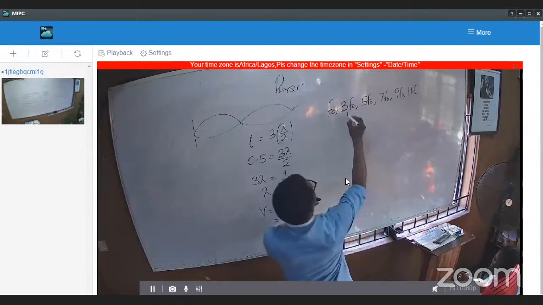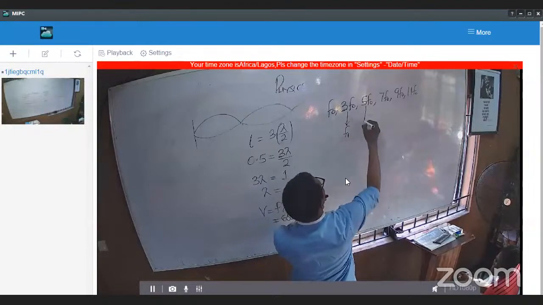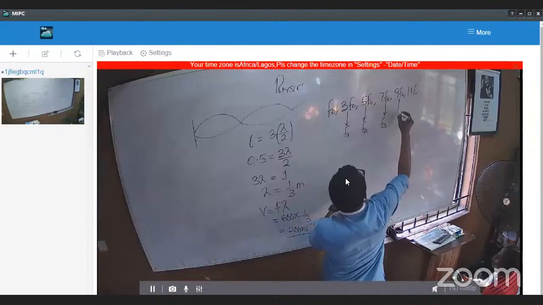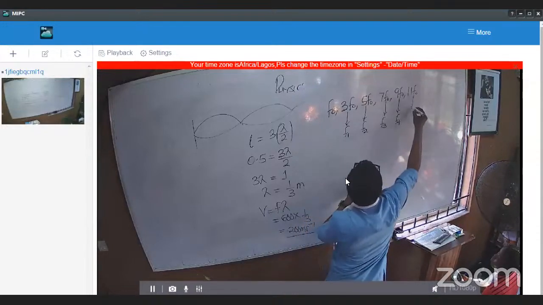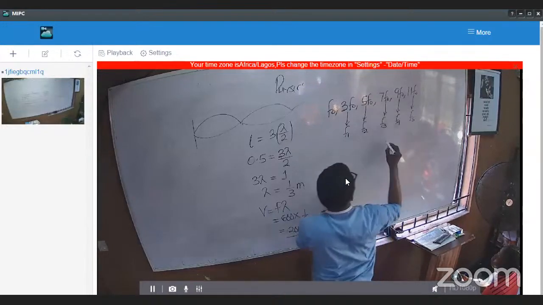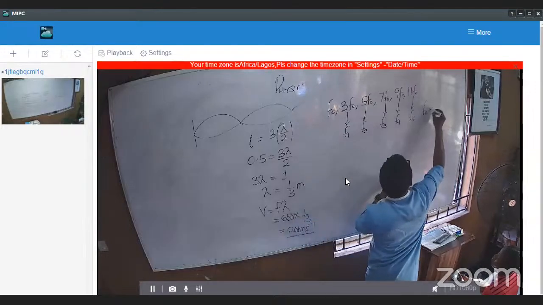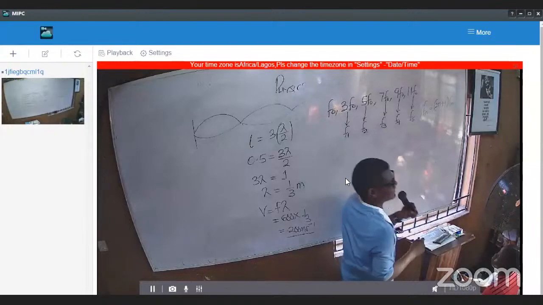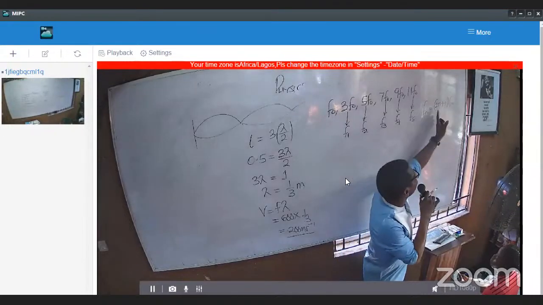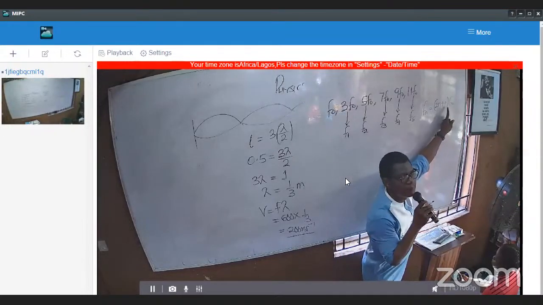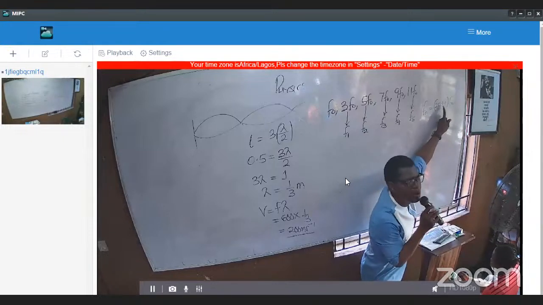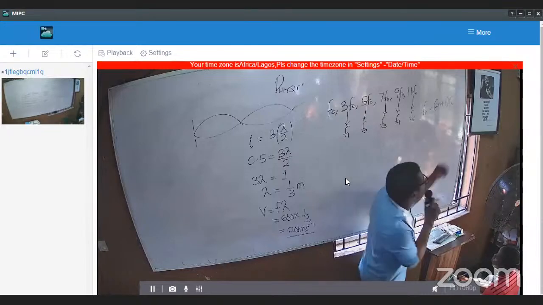This is the first overtone, because it is closed. Second overtone, third, fourth, fifth. The formula is Fn equals 2n plus 1 F naught. If they ask for the 10th overtone, that will be 21 F naught. For the fifth overtone, 2 times 5 is 10, plus 1, 11 F naught.